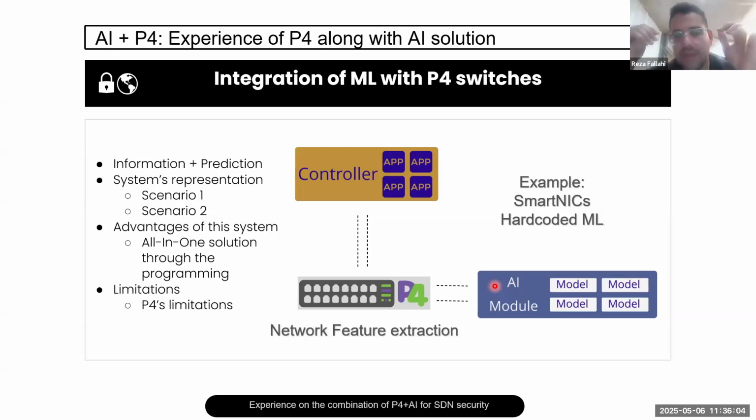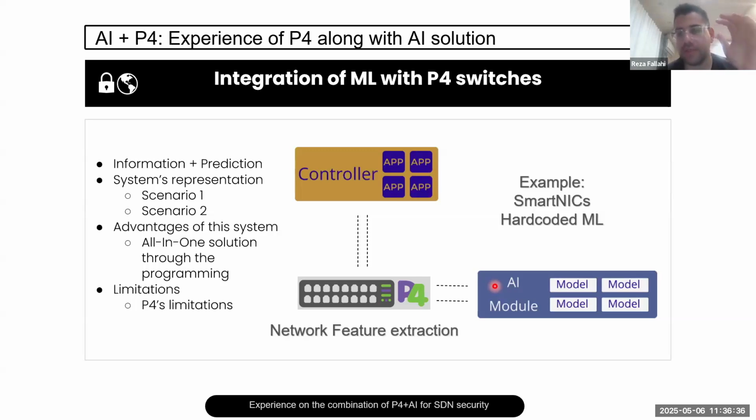They're not going to be practical. Of course, no disrespect. They were trying to show the potential of P4 switches, and their works are valuable. But if we had some improvements in the P4 language itself, then we could have game-changing P4 AI solutions for network security mechanisms. So this is one scenario.